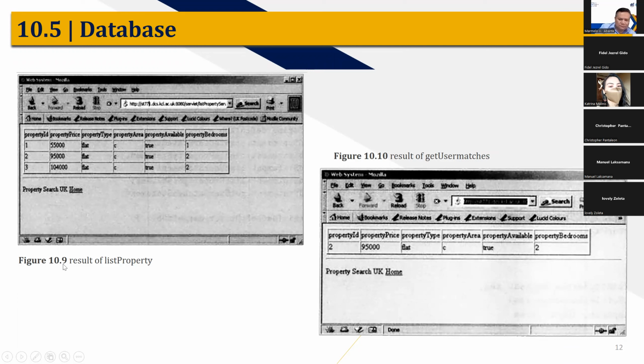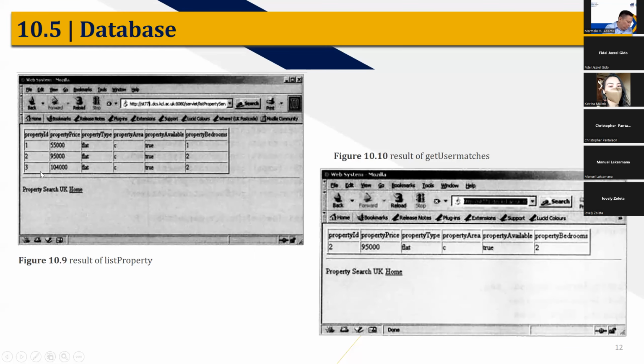So this figure 10.9, the examples of list properties, ito yon. And 10.10 is the result of get users matches. Ito yung criteria na hinahanap ng isang users doon sa list of search property systems na pinobide ni database base doon sa users criteria.